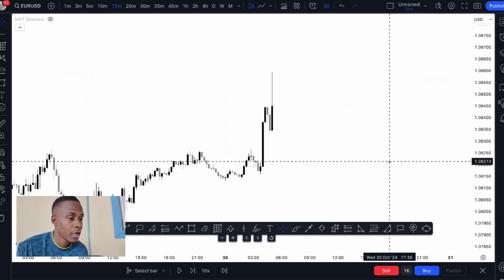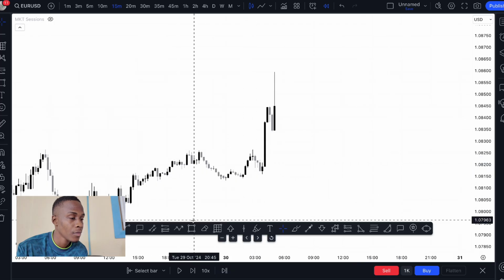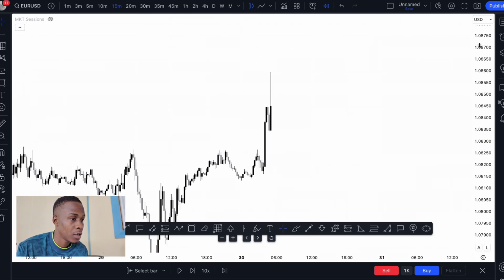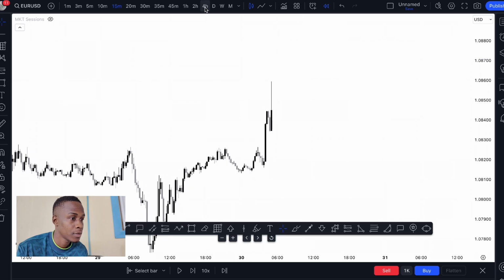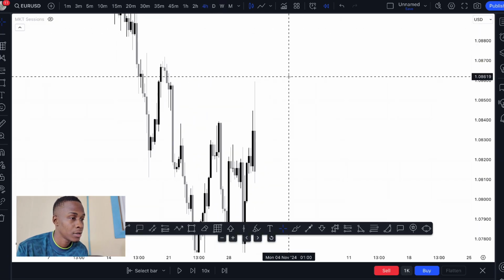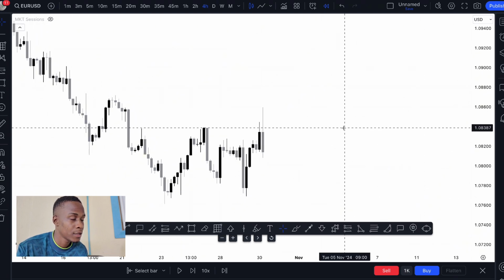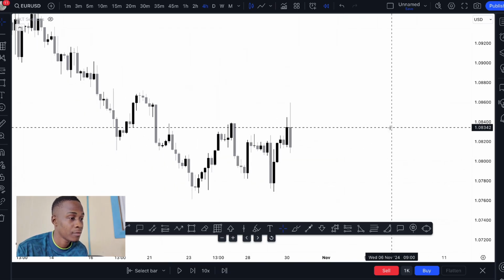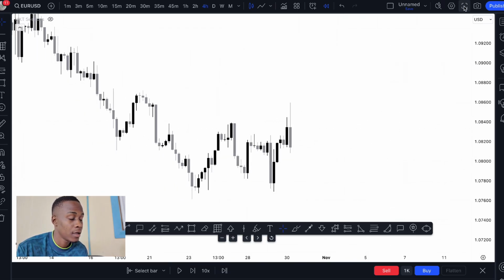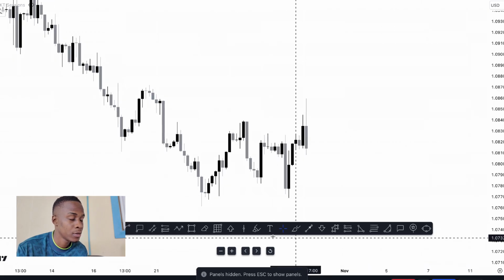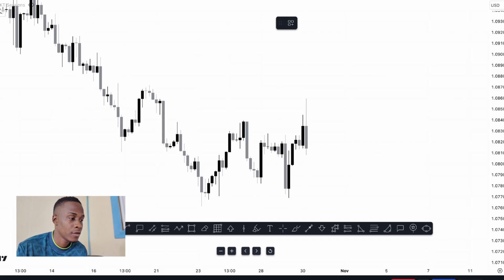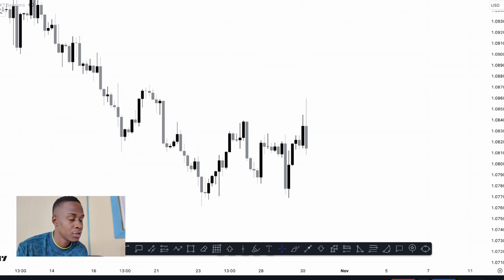Alright, so this was EUR on the 15-minute time frame, and I pretty much use the 1 hour time frame just to get a directional bias as to where price is at and where price is going, in terms of just finding the swing highs and the swing lows, and determine whether or not price is in a discount area or an area of premium.